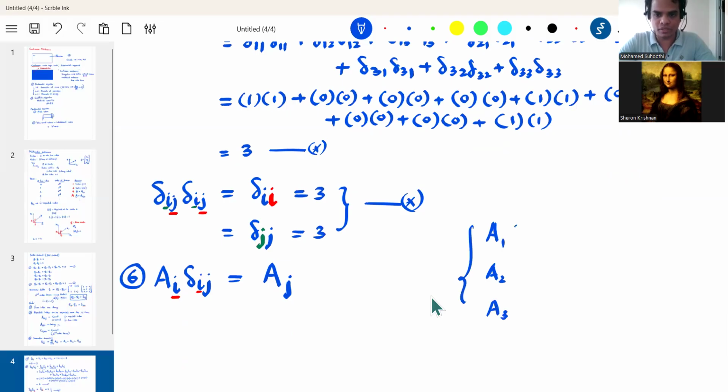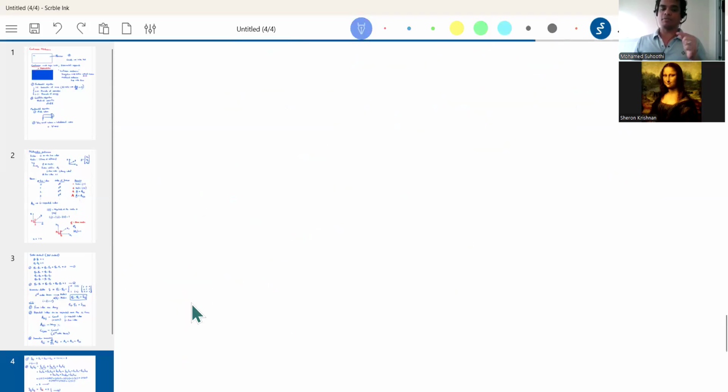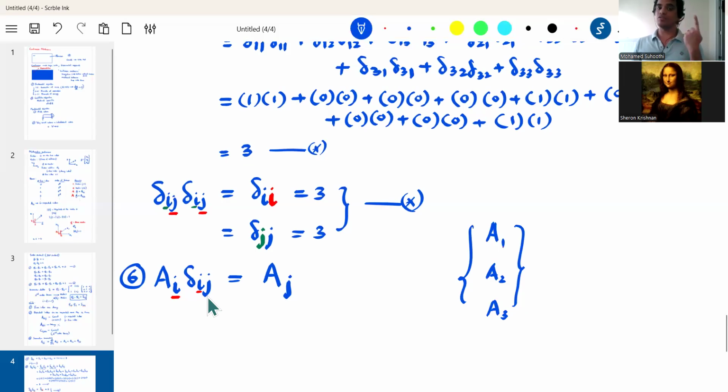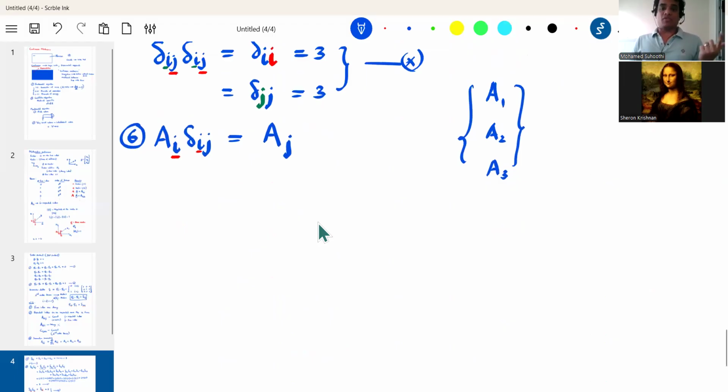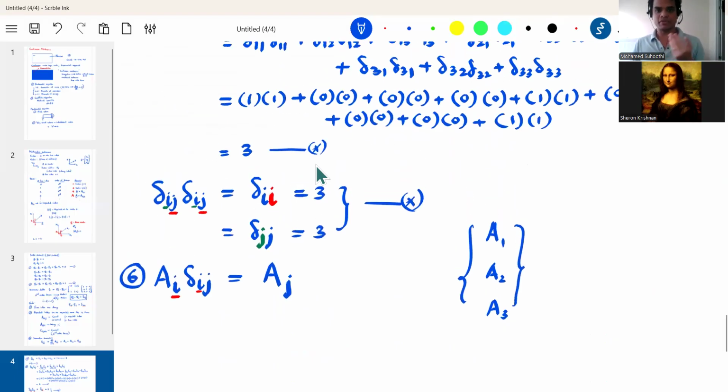Again, I am telling you, here the summation convention is only applicable for i because i is the one repeating. For j, no summation convention, right? You cannot write A1 plus A2 plus A3 because j is a free index. Summation convention is applicable only for the repeated index, right? So finally, you will get three different equations, not a single equation. So again, you will get the vector. Just try it yourself, okay? It's kind of a practice for your case.